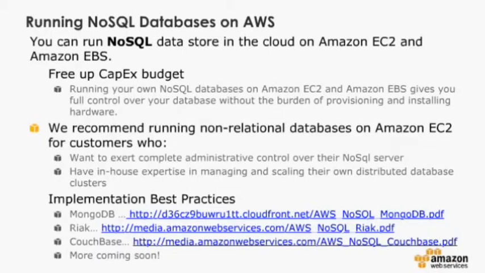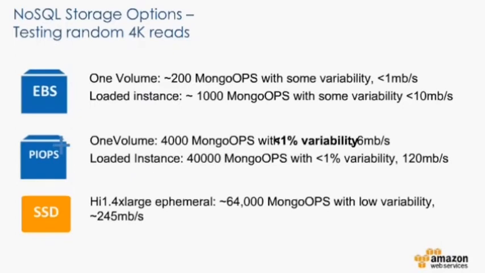Provisioned IOPS offers much higher performance density, up to about 4,000 IOPS to storage, again with significantly lower variability, sub 1% variability. So a single volume in this case is easily 6 times, if not significantly faster, compared to a standard EBS volume. And if you were to connect multiple EBS volumes to the EC2 instance that hosts your database, you could go all the way to saturating the network link that exists between EC2 and EBS.